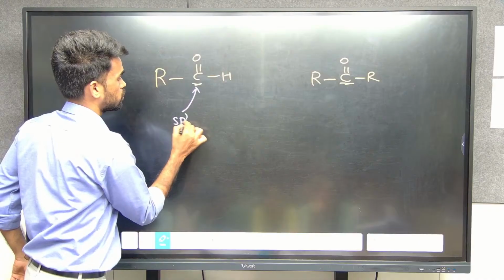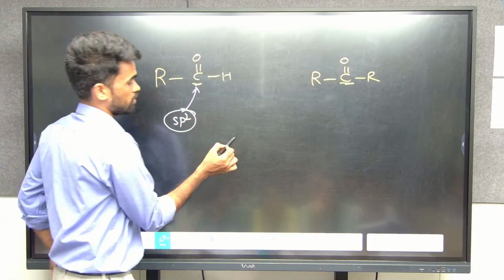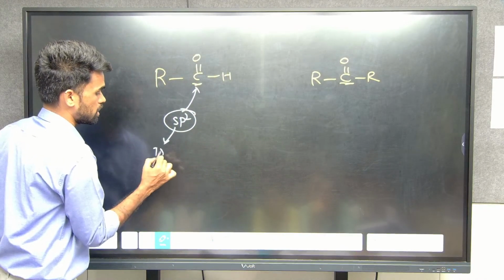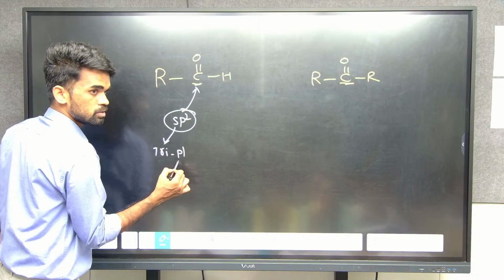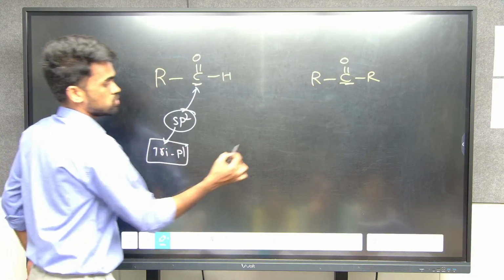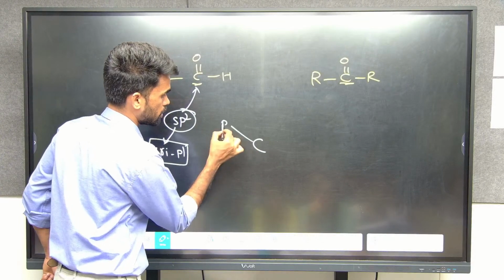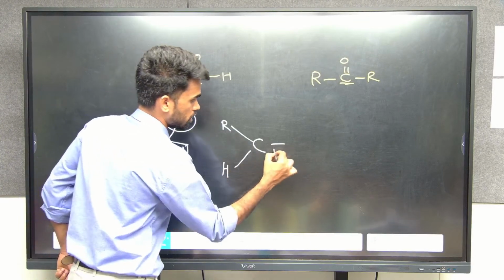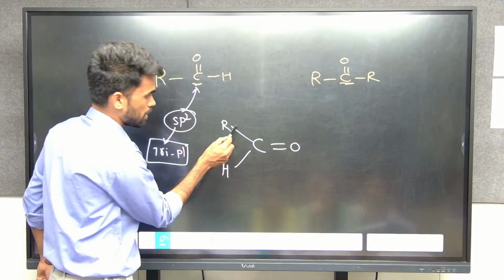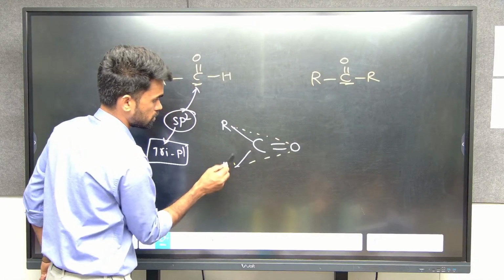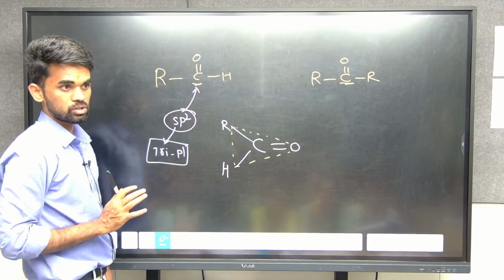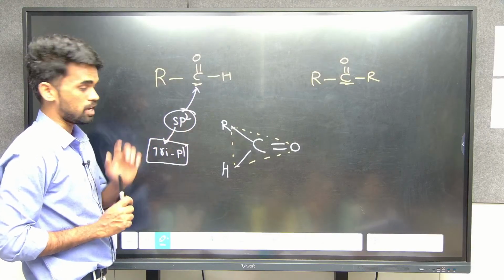So sp2 means what is the geometry we will get? Trigonal planar. So you write carbon, R, H, double bond O. Trigonal planar means like this only, no? So the molecule is planar. Aldehydes and ketones are planar molecules.